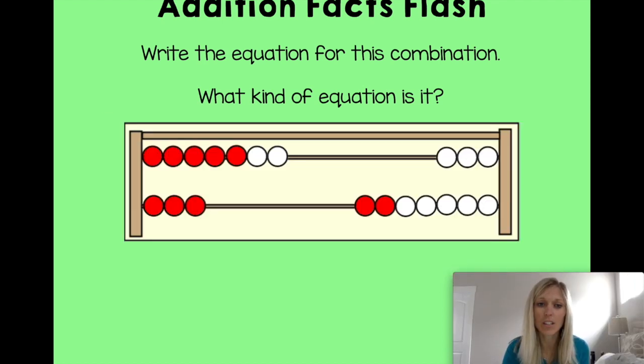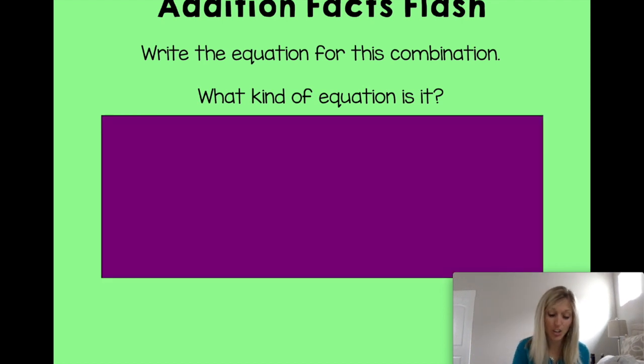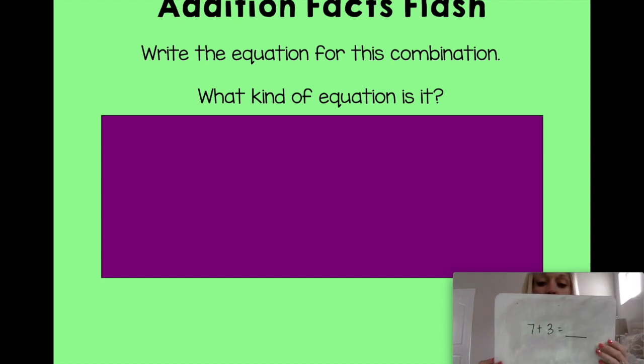Let's look at this next one. This one's an easy one, so I'm going to cover it up. Can you write that equation? All right. That equation should look like this. Does yours look like this? Did you write 7 plus 3 equals blank? What addition strategy can you use to help solve this problem?